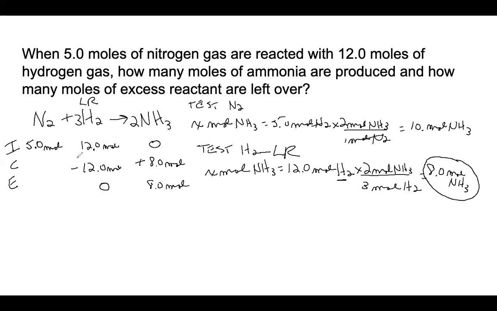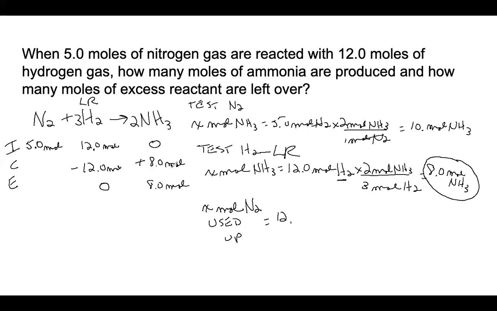The limiting reactant controls everything. So now we have to do one more mole ratio to figure out how many moles of N2 get used up. We need to figure out what gets used up before we can figure out what's left over. So our final mole ratio, X moles of N2 used up, and we're going to set that equal to our limiting reactant.